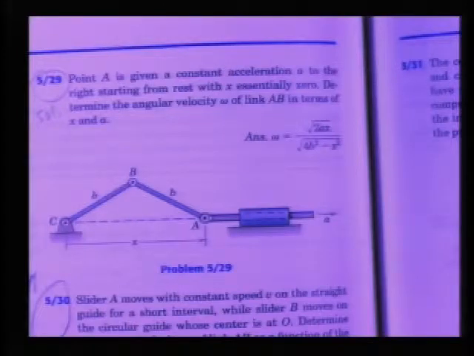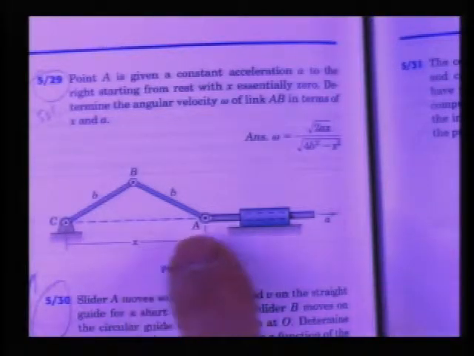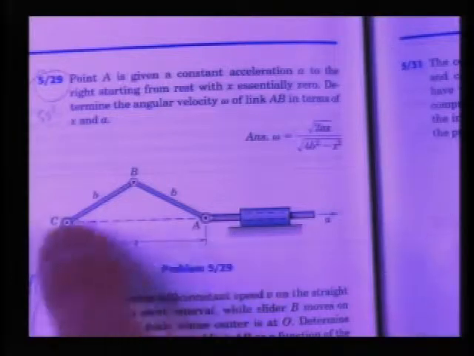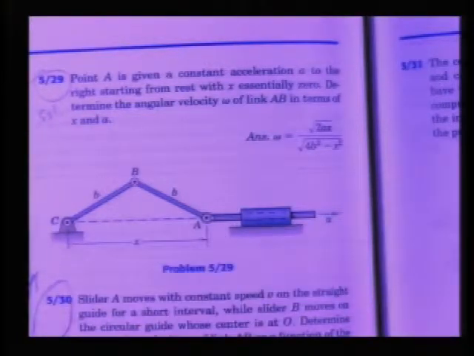So what we observed with that problem was that the distance x can be related to an angle off of the dotted line shown right there. I'm going to come up to the board now and redraw the figure.